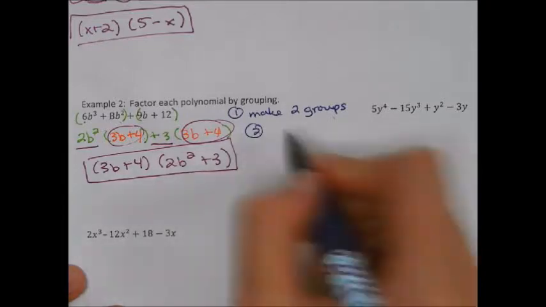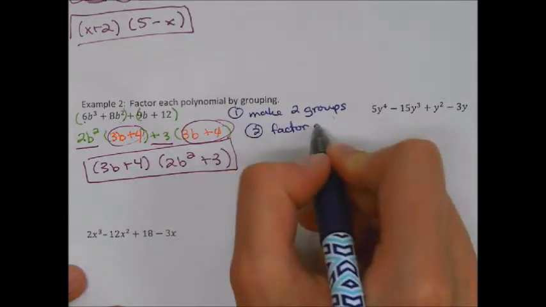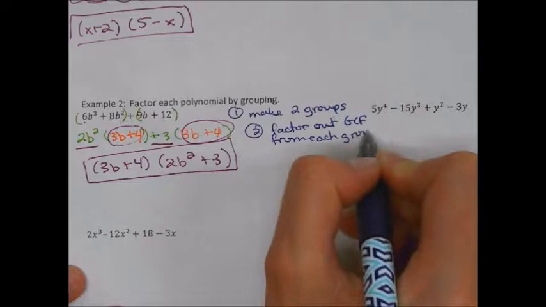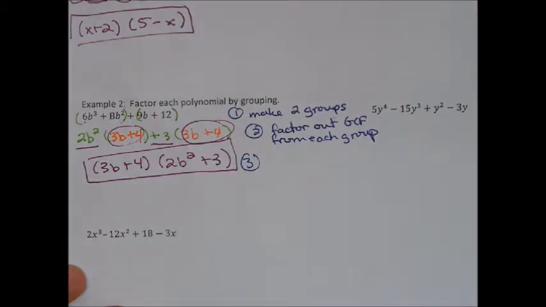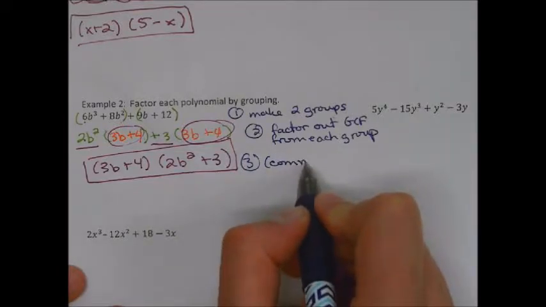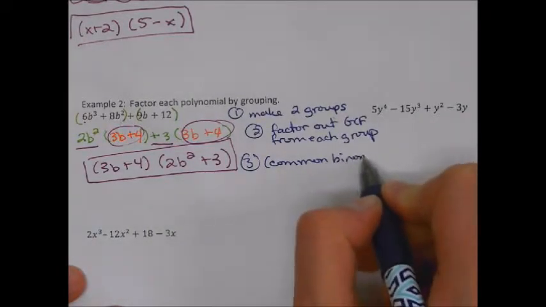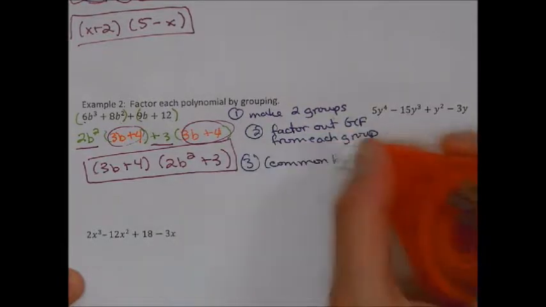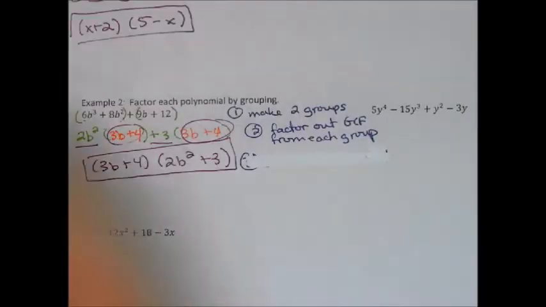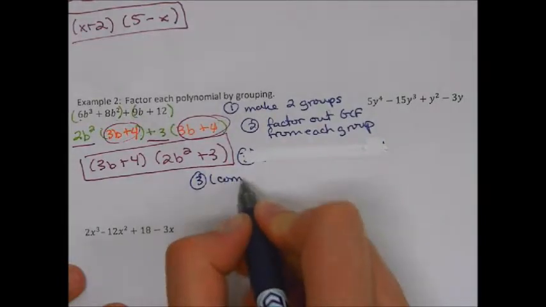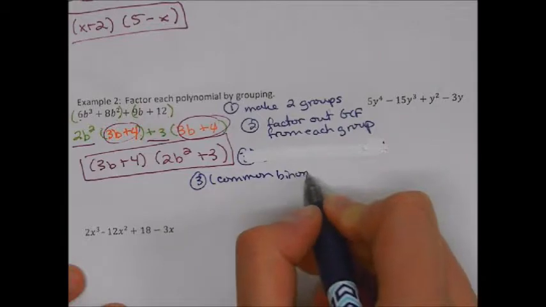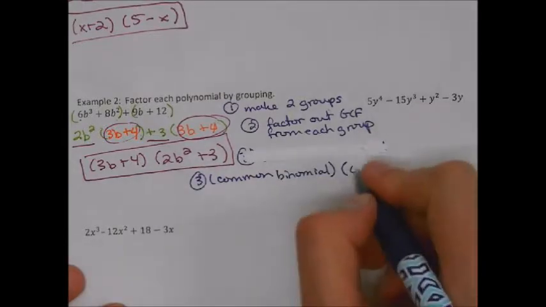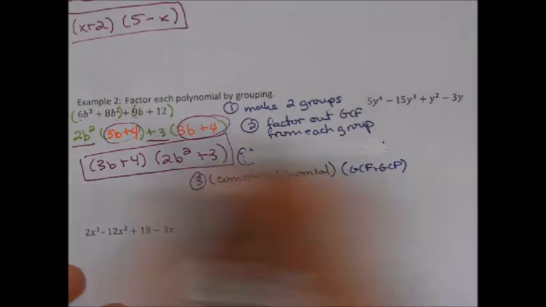Step 2, factor out GCF from each group. Step 3, we write it as the common binomial times my GCF plus my GCF. Again, these here were my GCFs.